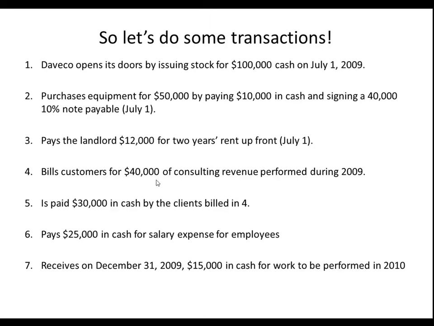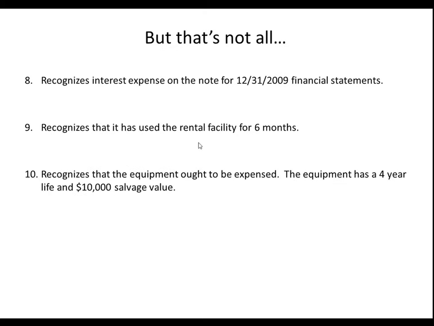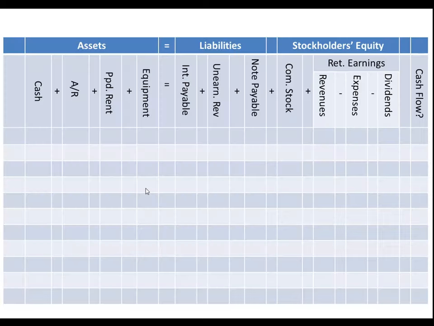Now, like I said, at the end of the period, we may discover that there are things that weren't reflected in our day-to-day transactions, such as interest, such as using up certain assets, such as depreciation on our equipment. And so in addition to those initial 7 items, we're going to do numbers 8, 9, and 10. Those are going to be our adjusting entries.